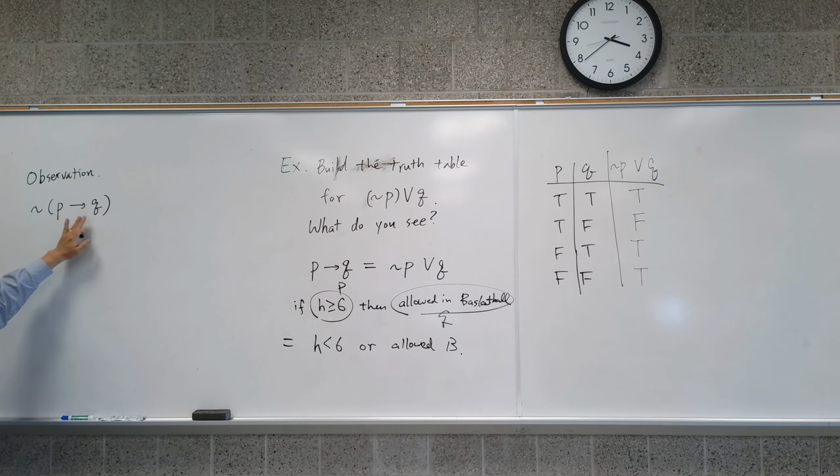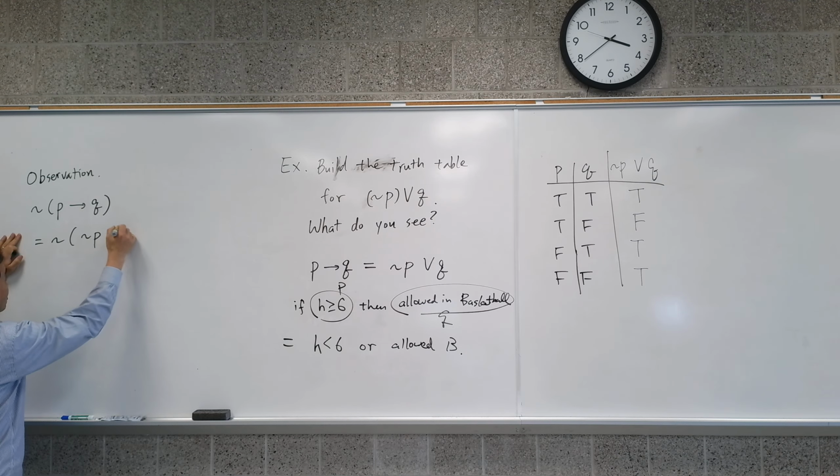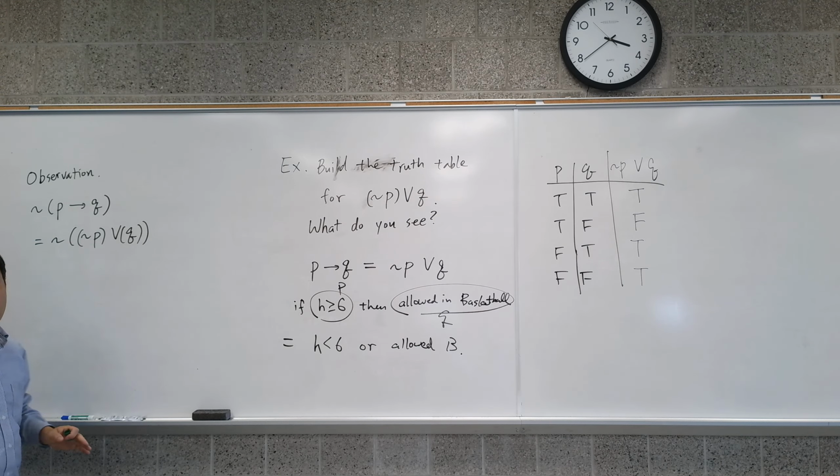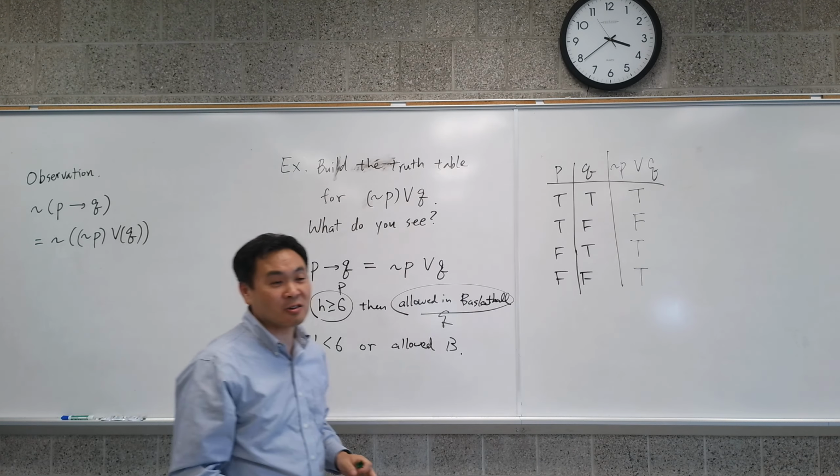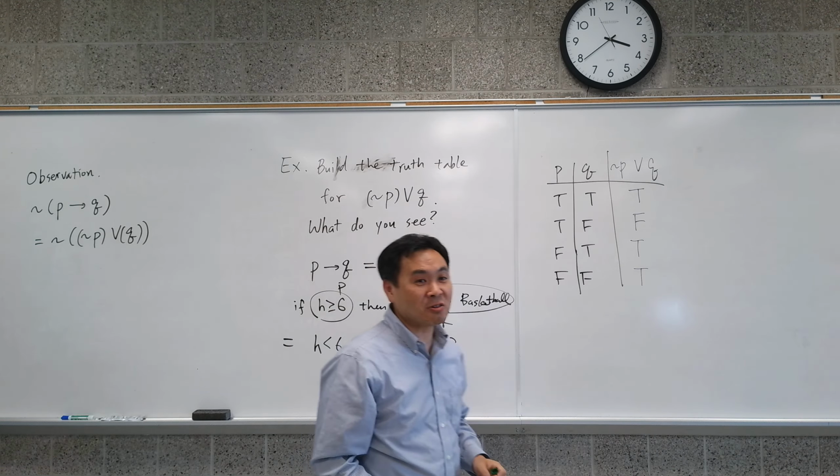Now, we don't know how to do that, but if you rewrite this as not P or Q, then we learned something called De Morgan's law, right? What's De Morgan's law? De Morgan's law says I can distribute the not to each individual part and you flip the or.